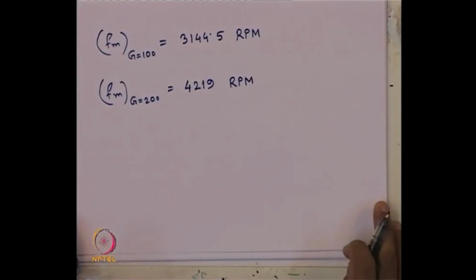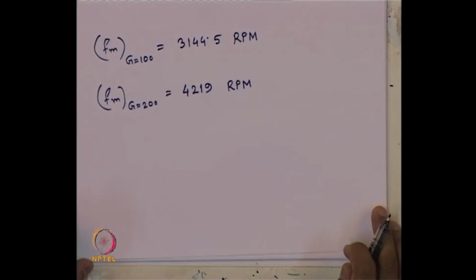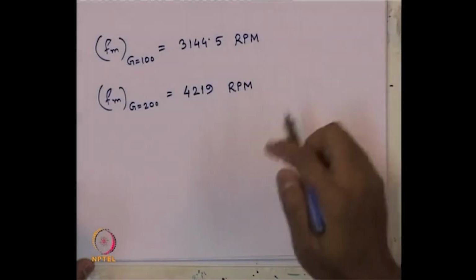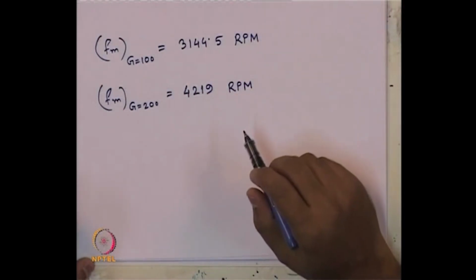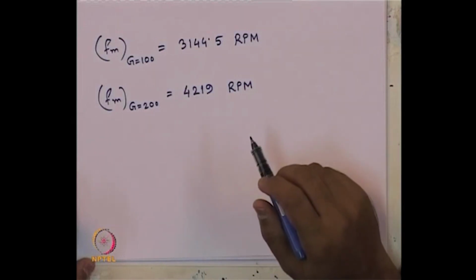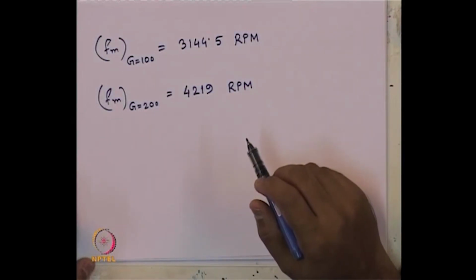So, what comment can we provide here as a designer? That the resonant frequency for all the 3 different types of soil is far away from the operating frequency, the proposed operating frequency or given operating frequency by the manufacturer of the machine, that is 1500 RPM.